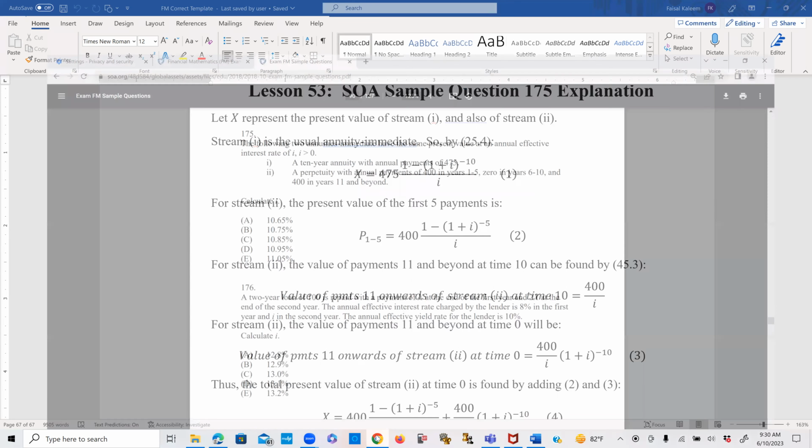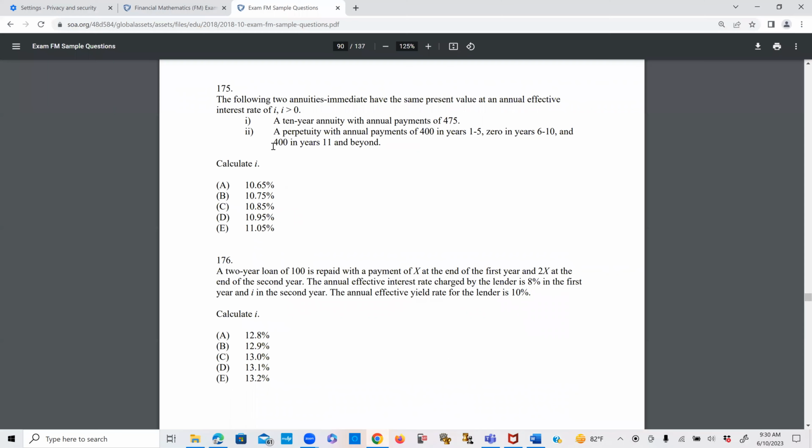Now the second stream is a bit more complicated. They say it's a perpetuity, but the first part of it, with payments in years 1 through 5, is just an annuity immediate.